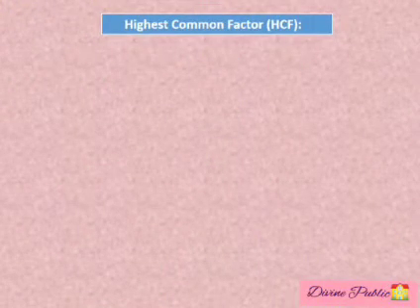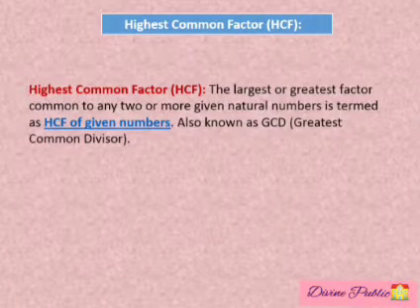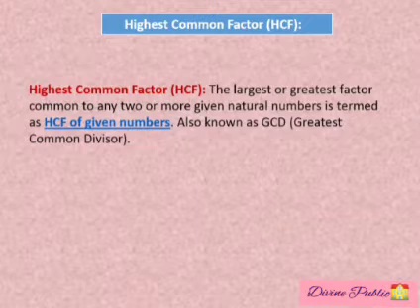The largest or greatest factor that is common to any two or more given natural numbers is termed as HCF of the given numbers. It is also known as GCD, means greatest common divisor.